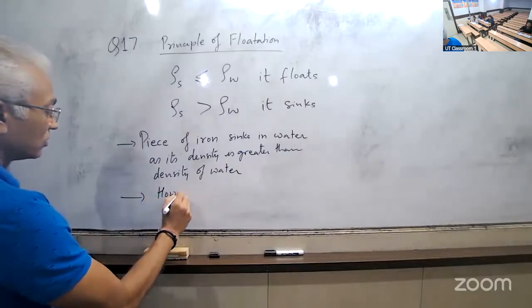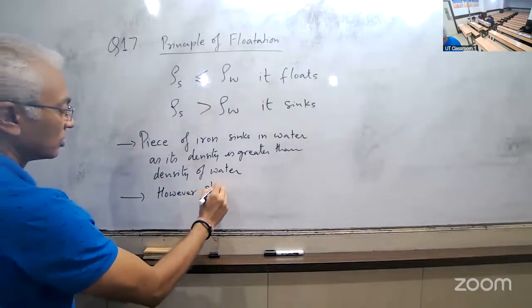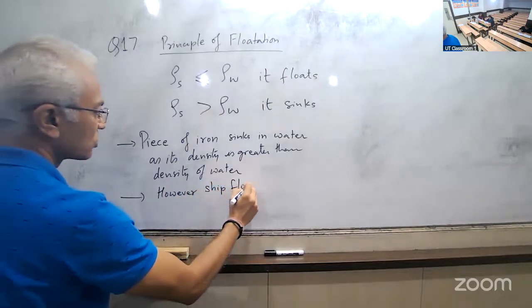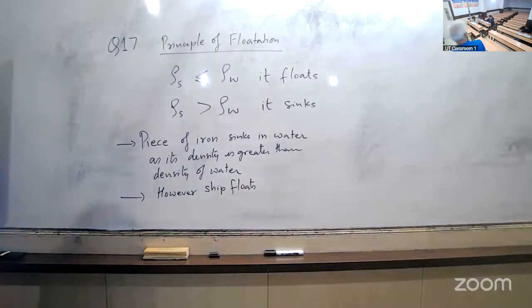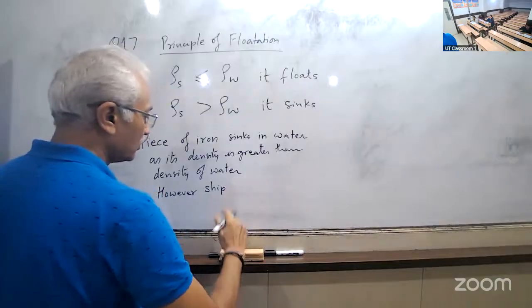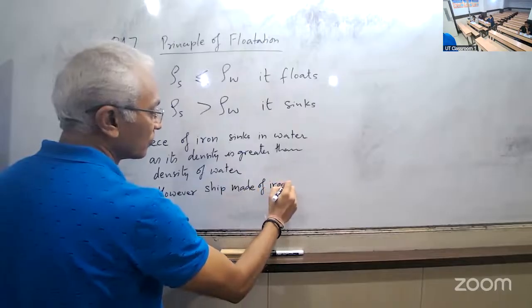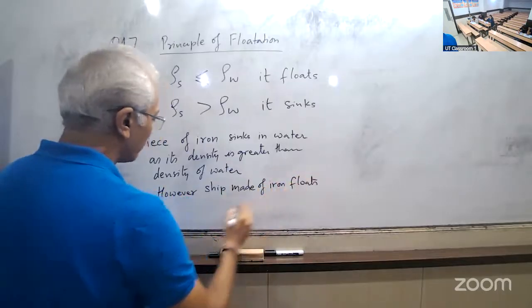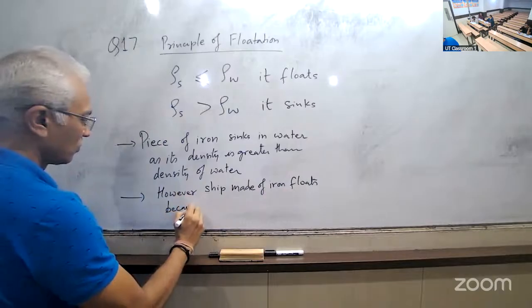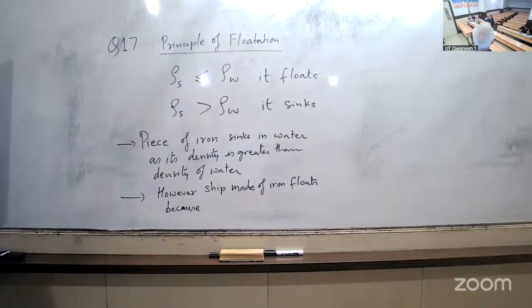However, the ship floats. A ship made of iron floats. Why? A ship made of iron floats because, what about the density? What about the density of the ship?